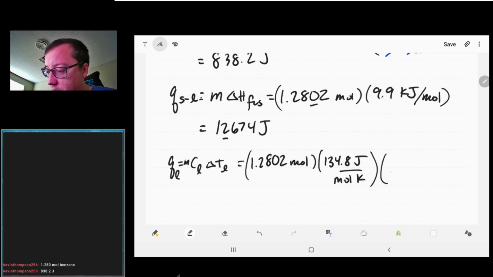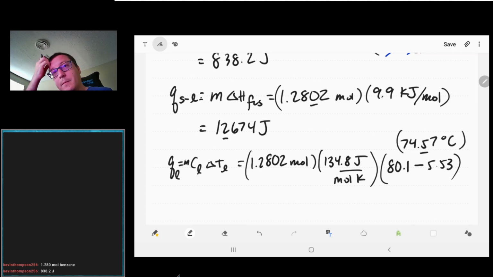And then our change in temperature is 80.1 minus 5.53. So remember, delta is always final minus initial. So that is going to be minus 5.53, 74.57 degrees Celsius or Kelvin. That's our change in temperature.